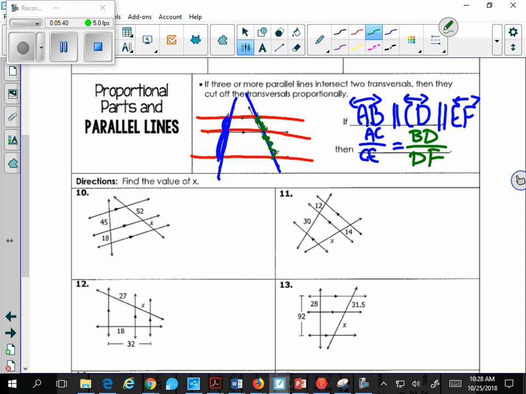So we're going to do pretty much the same thing that we did over here. We're just dealing with some more lines in this case. And we're not really dealing with a triangle. We're dealing with just parallel lines.